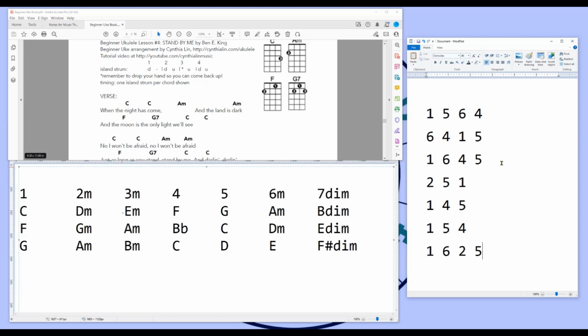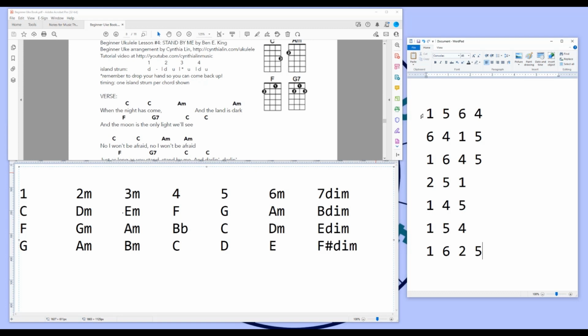So a good exercise is to look at this list and pick your favorite key, which is probably the key of C. And just for fun, play these chord progressions and see what they sound like.